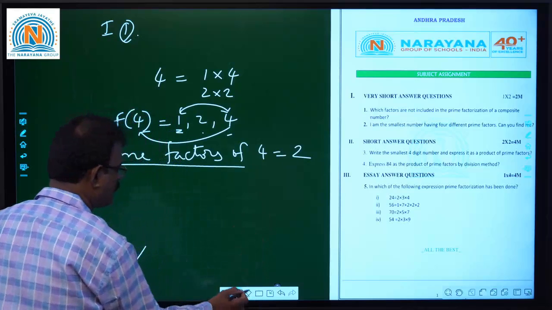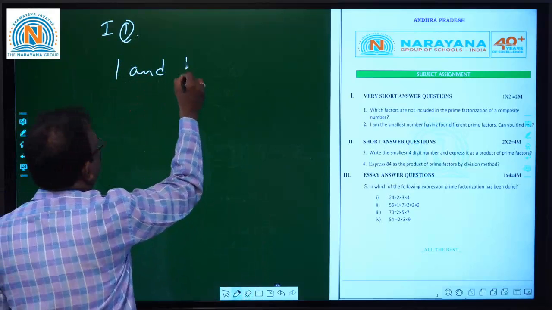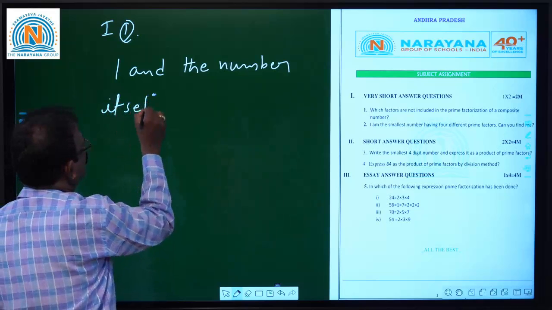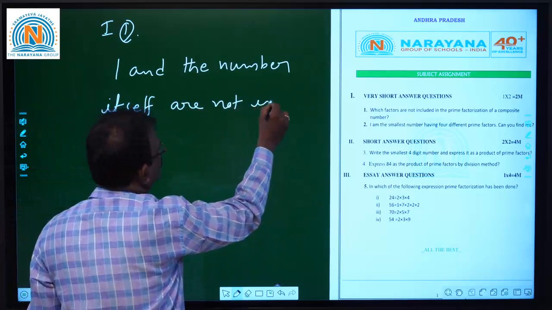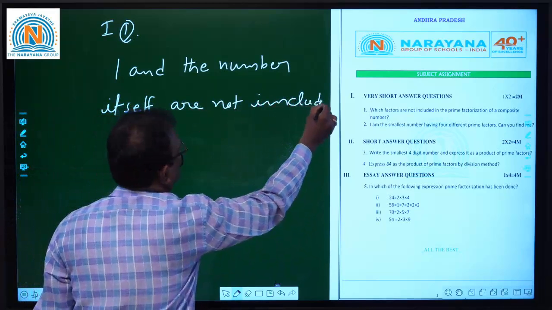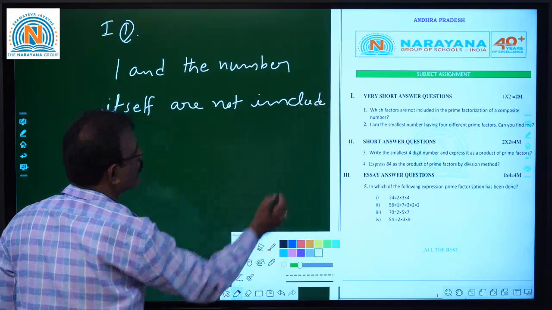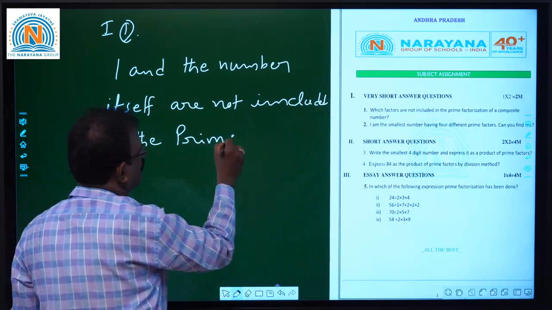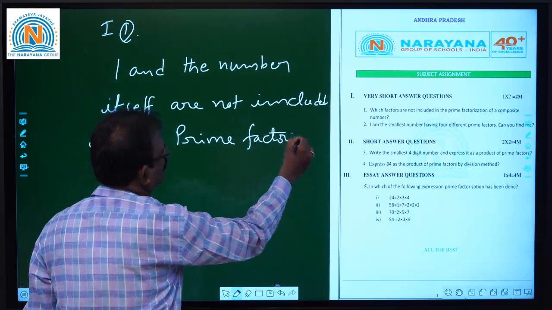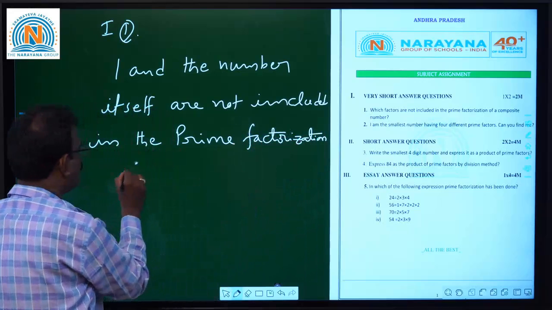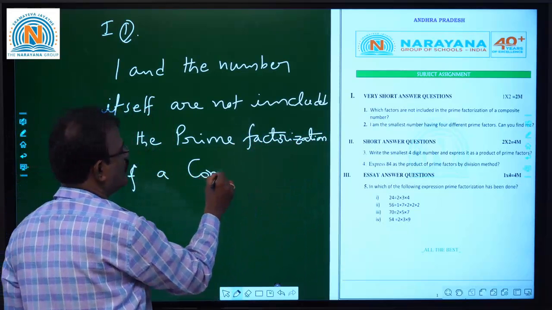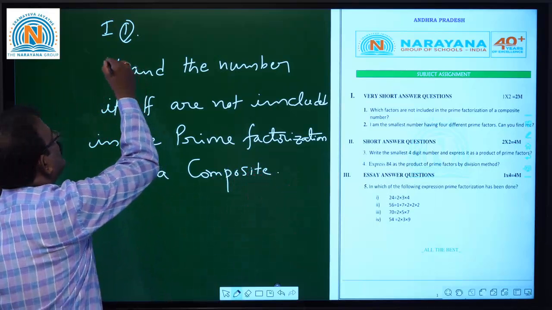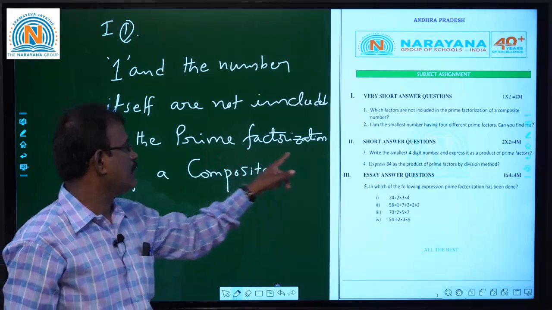So the answer for the first one: 1 and the number itself are not included in the prime factorization of a composite number.